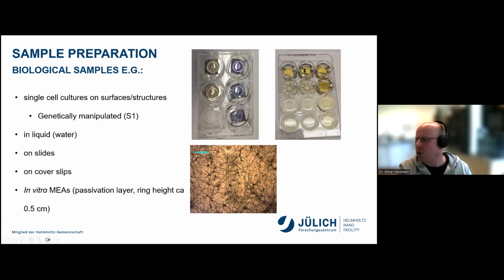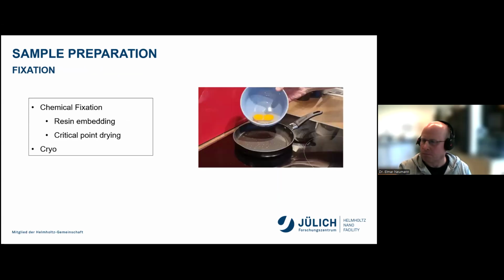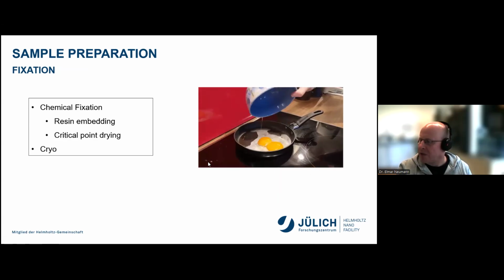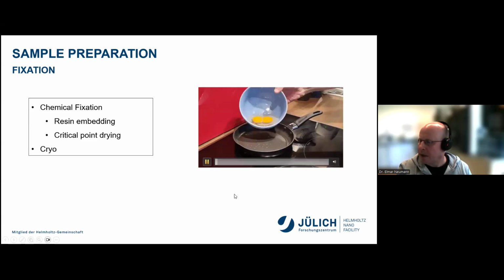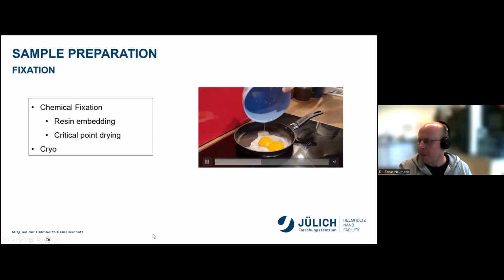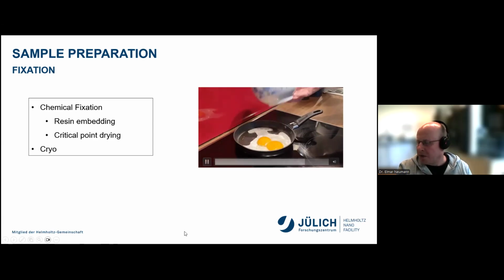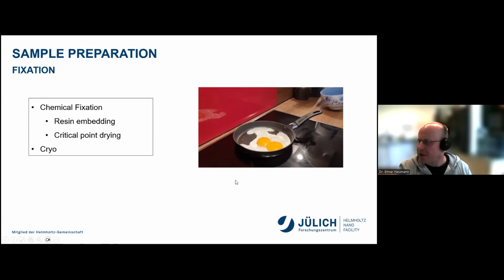So how do we get these into an SEM or a TEM? Basically like this. So first the liquid, then again not by applying heat, because the proteins denature due to this process, and this is what we're going to do chemically in the first place.